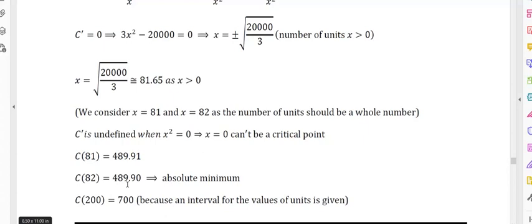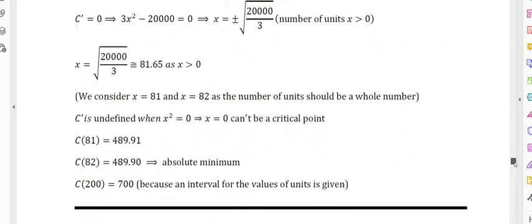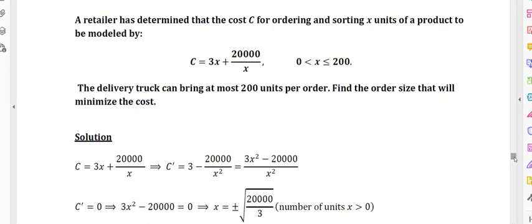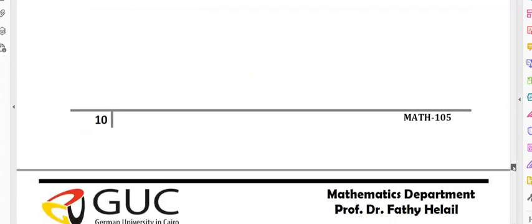Okay, so here we will pick the 82. So at x equals 82, this cost will be minimized. And here in the solution, it calculated the cost at 200, which is the maximum amount of our number of units. It's something extra which wasn't required of the problem.